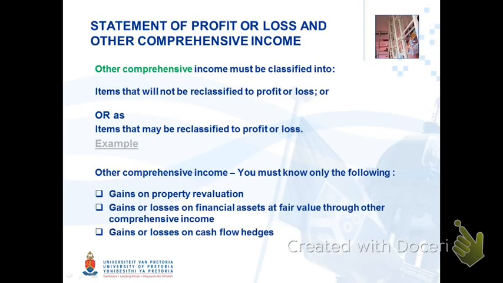The items that we will be doing this year in FRK 311 are gains on property revaluation, gains or losses on financial assets at fair value through other comprehensive income, and then in FRK 321 gains or losses on cash flow hedges.